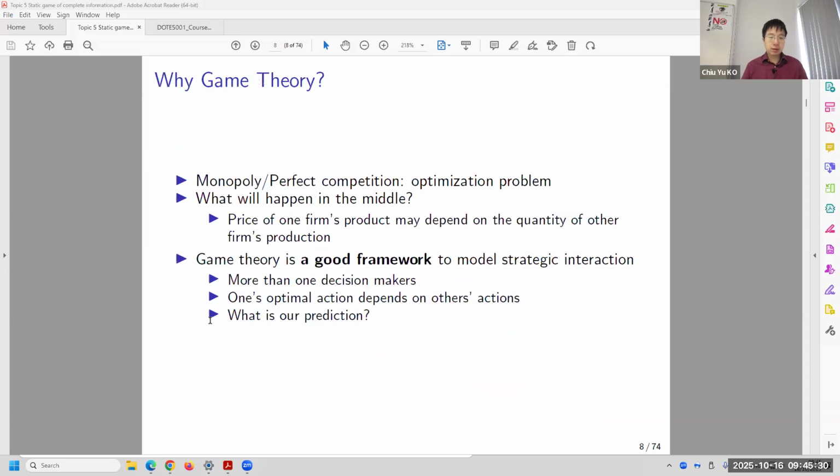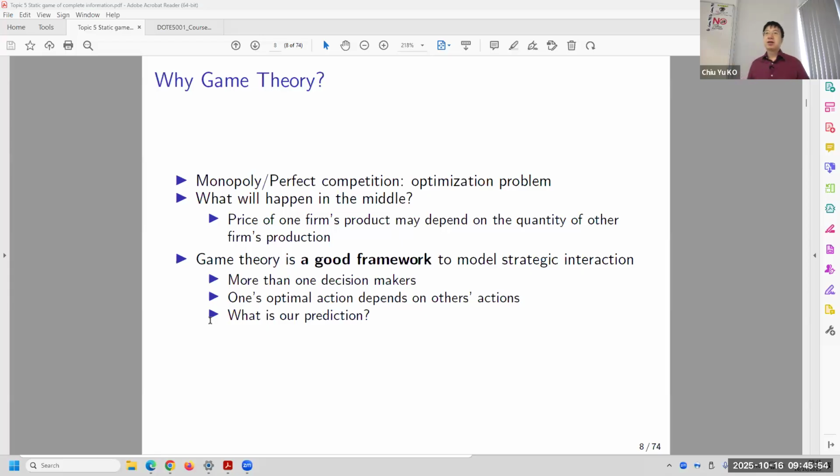Now, I guess the more important thing these days is that we have few firms in the market, right? Especially in the new economy, look at the platforms, say food delivery. You have Keeta or Foodpanda. Is it Foodpanda? They still exist?